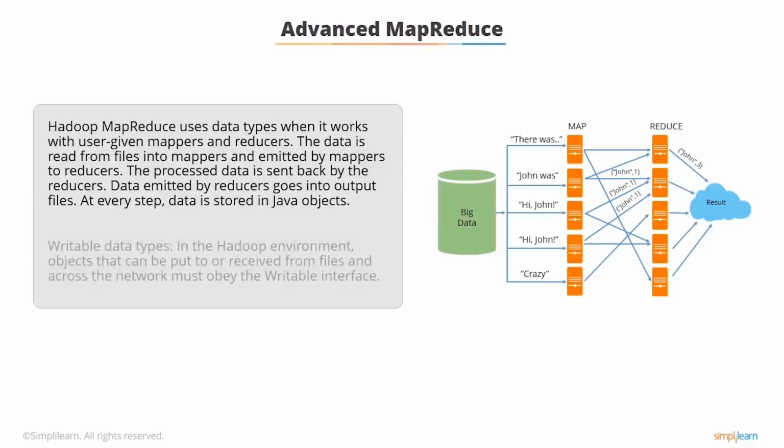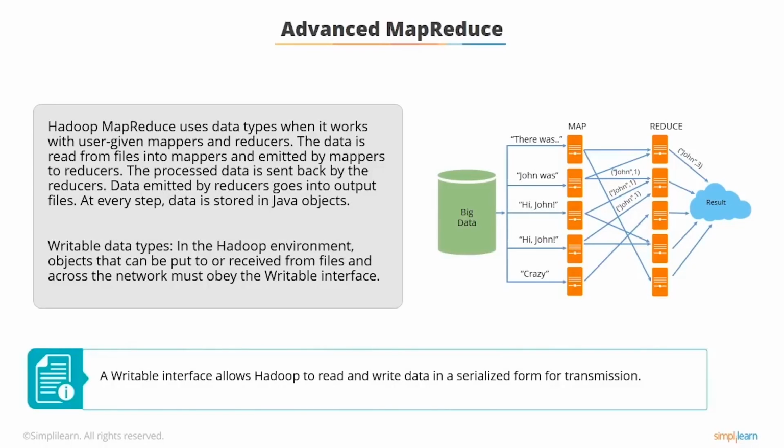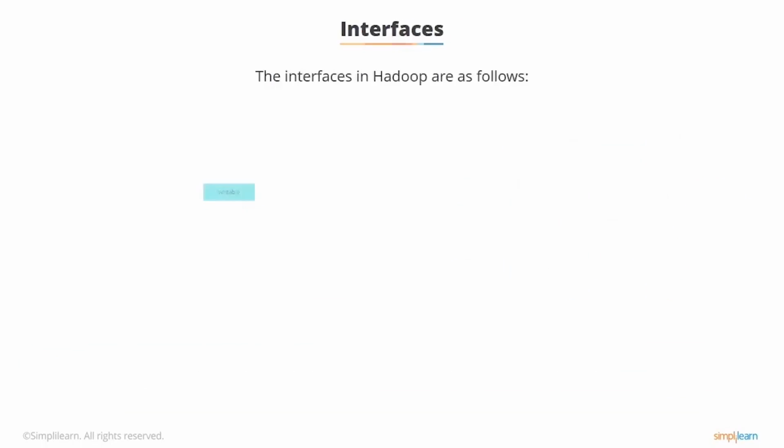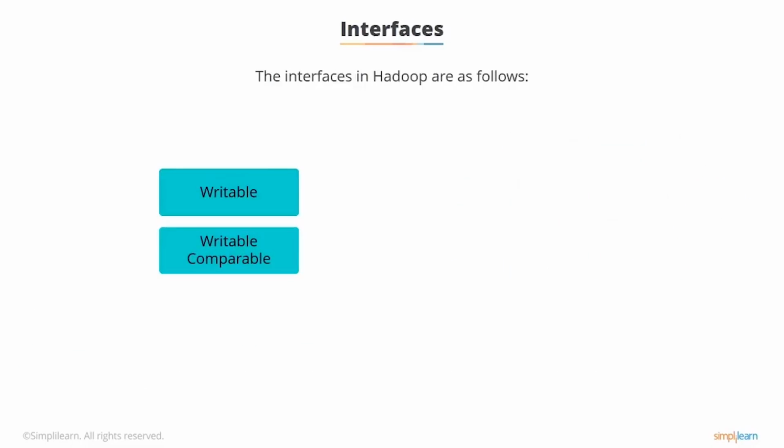Let us now understand the writable data types in advanced MapReduce. In the Hadoop environment, all the input and output objects across the network must obey the writable interface, which allows Hadoop to read and write in a serialized form for transmission. Let's look at Hadoop interfaces in some more detail. The interfaces in Hadoop are writable and writable comparable.